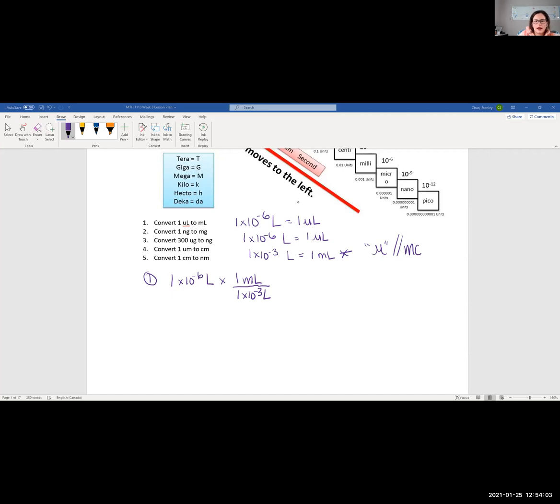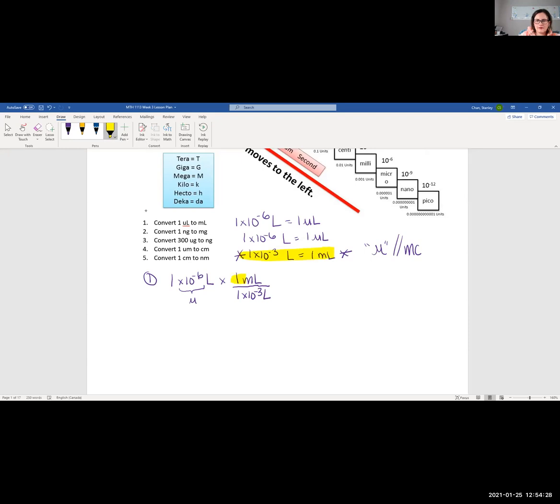Anyways, back to this. 1 and then times 10 to the -6. This entire thing right here represents micro. So this is 1 microliter times, and then this is the conversion factor that I'm going to be using right here. So I'll highlight that in yellow.